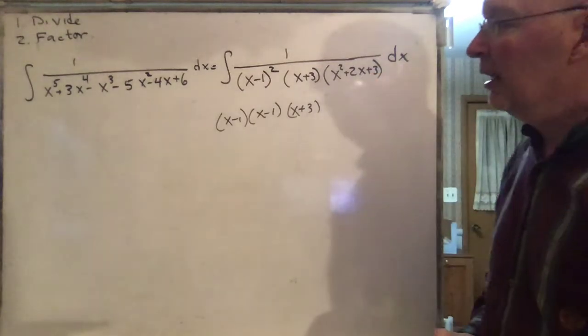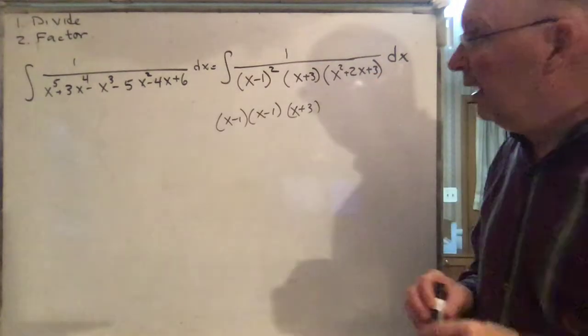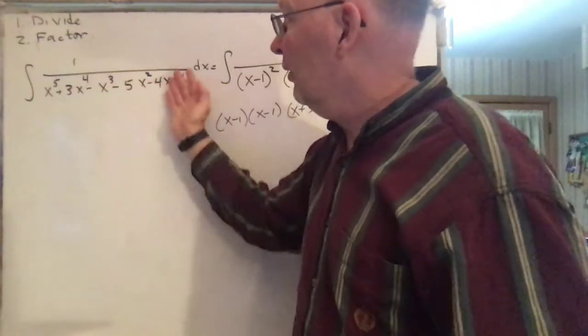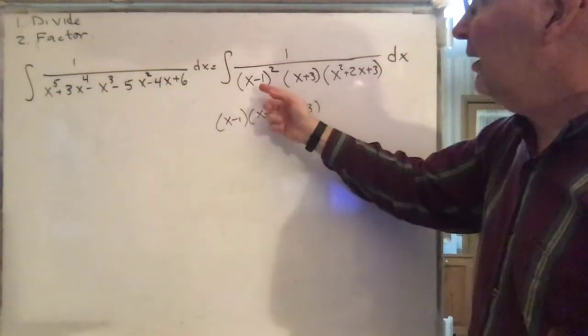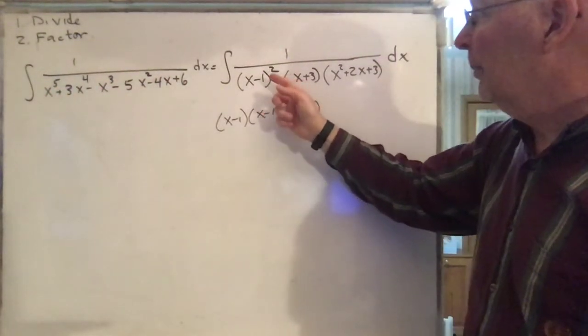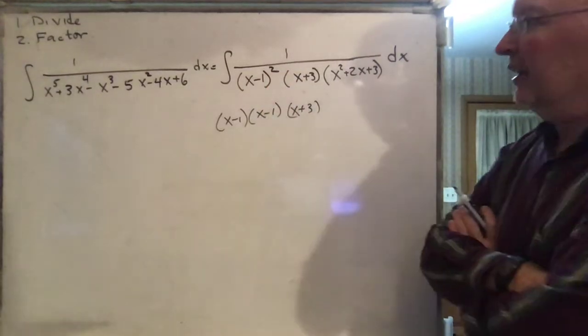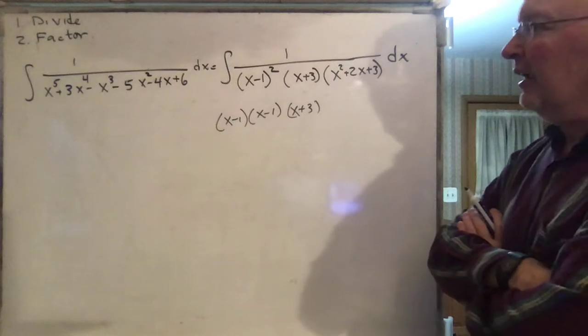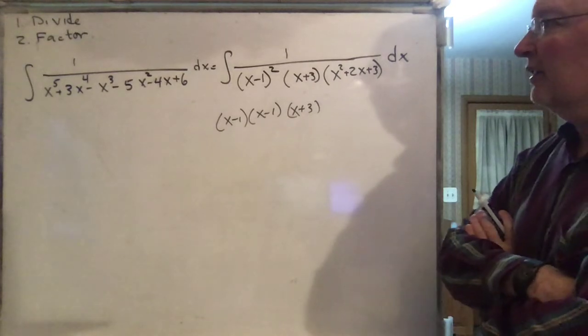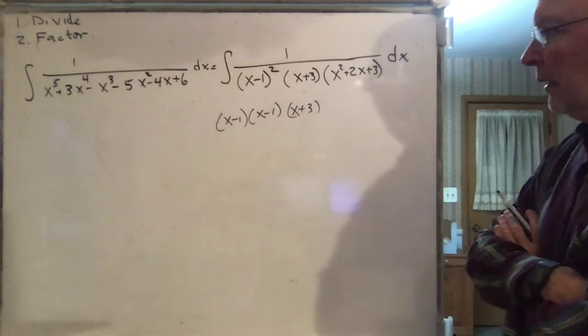But that's the key, that any quadratic, or I should say any polynomial, can be factored into linear terms and quadratic terms, okay? And so then it's just a matter of trying to find them if you can, okay? There's no guarantee that they're going to be easy to find.